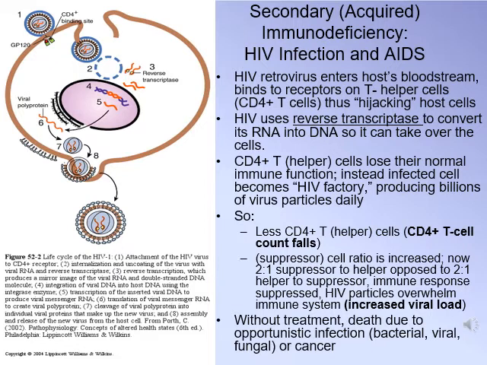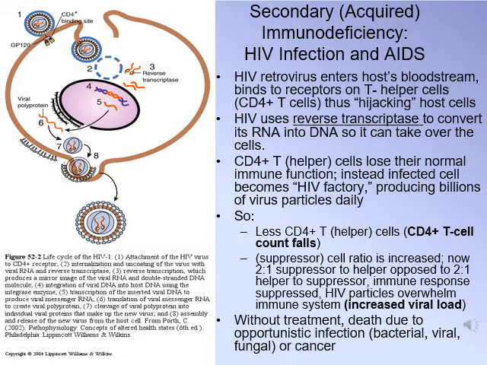We will talk more about the causes and how we can prevent HIV, but we know a lot about HIV and there's continued research on it. It is a retrovirus that enters the bloodstream and binds to the T helper cells. It basically hijacks those host cells. It uses reverse transcriptase to convert the RNA into DNA so that it can replicate all of those HIV-infected viral cells.